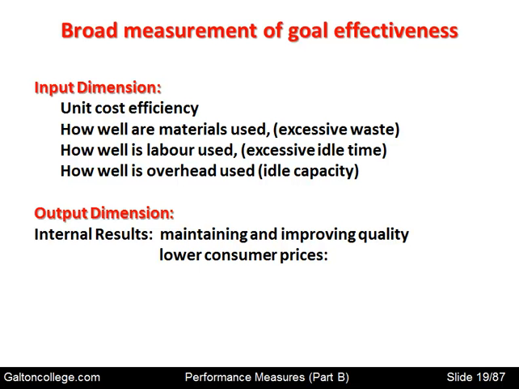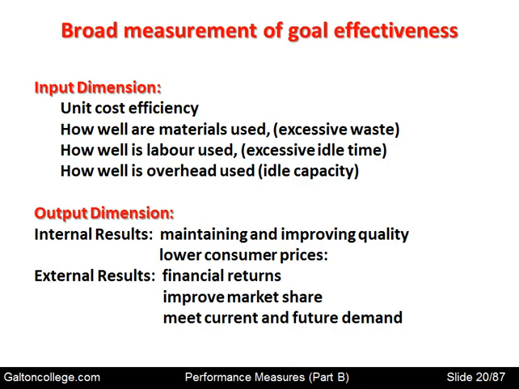So the output there in terms of the internal results, and the external, looking at financial returns, improve market share, meet current and future demand. It's important that the external part of the business, looking at its competitive environment, that the company is well positioned for the long-term success of the business. So that's an output dimension.